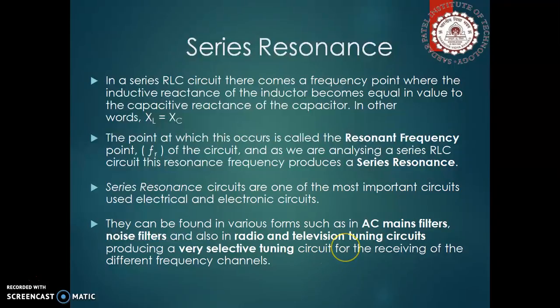Series resonance circuits are one of the most important circuits used in electrical and electronic circuits. They can be found in various forms such as AC mains filter, noise filter, and also in radio and television tuning circuits, producing a very selective tuning circuit for the receiving of the different frequency channels.